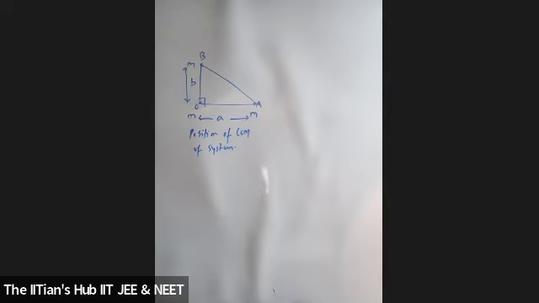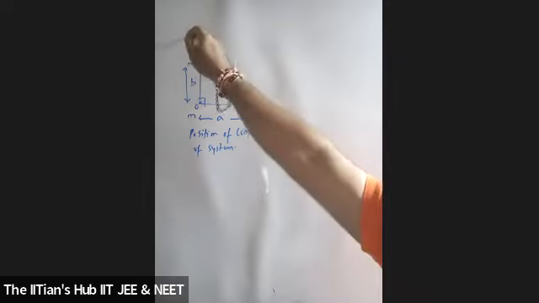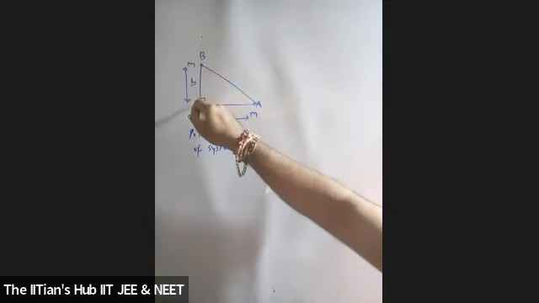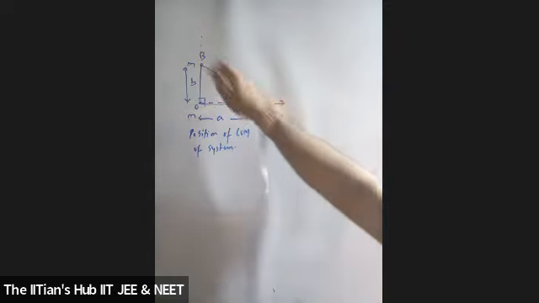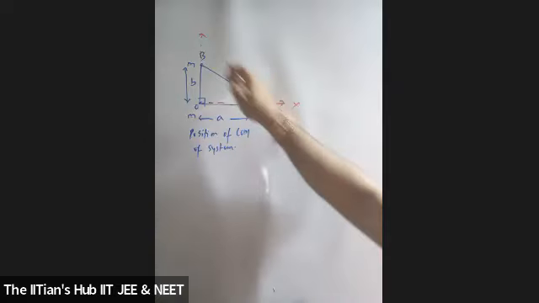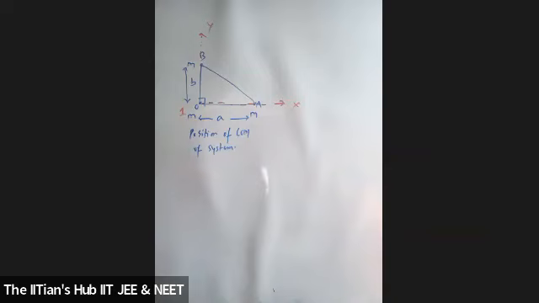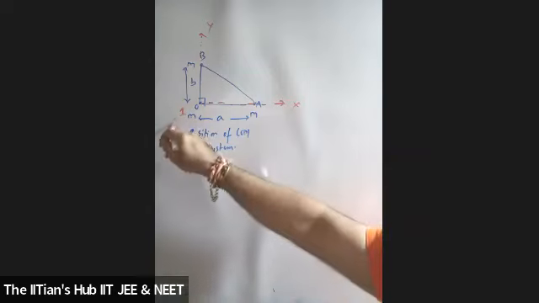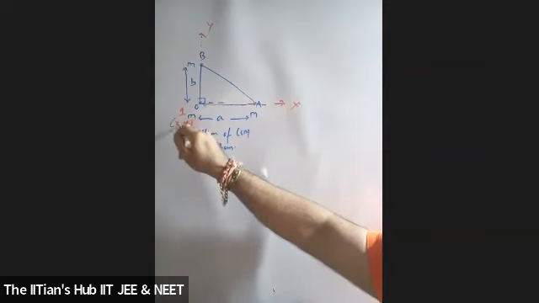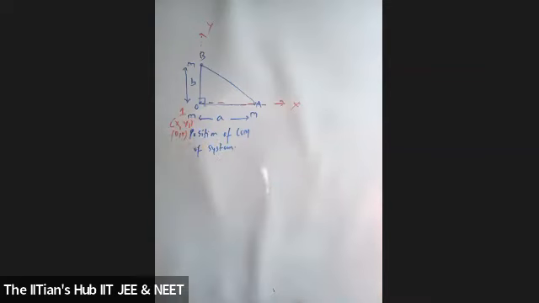Yes, sir. So coordinates of first particle M is 0, 0. We take it in an XY plane, 90 degree part of O. I'll take it as origin. X1, Y1 is 0, 0. Which is the second particle you're taking?